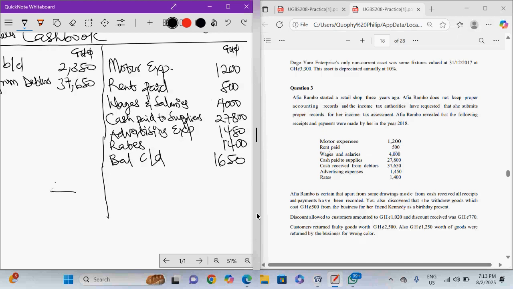We balance off the account. What will be the total? So the highest will be the balancing figure. Some of you should be doing the debit side, whilst someone is also doing the credit side.